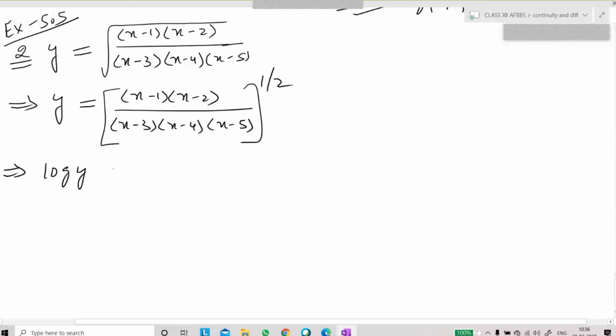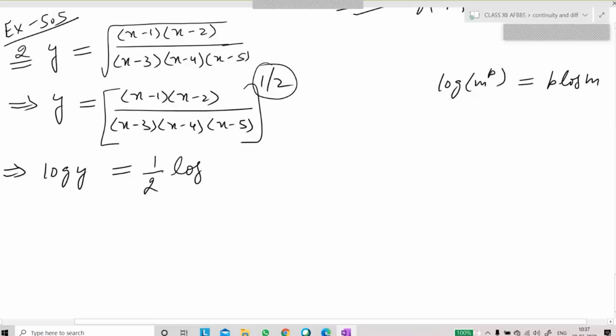So it will become log y is equal to, now you know the property of log says log of m raised to the power p is equal to p log m, and therefore here you can see this is p and this whole is m. So I can write it as 1 by 2, power becomes multiple. You can see power has become multiple.